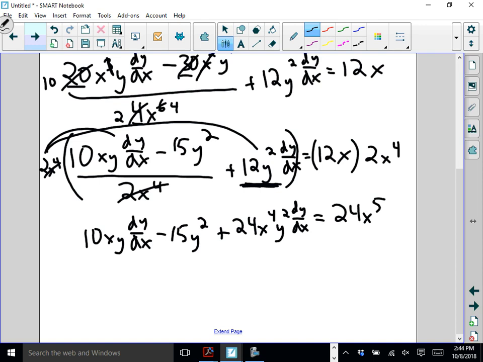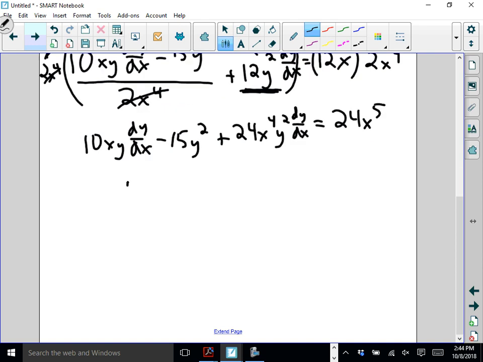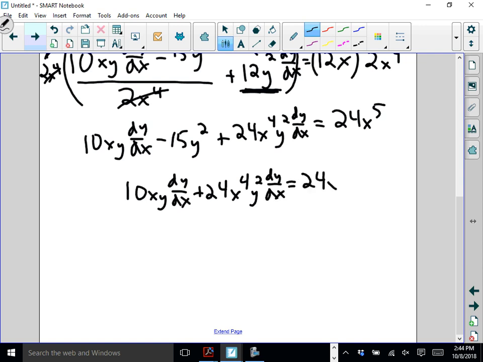Now I see I have 3 terms on the left side. 2 of them have dy dx. That minus 15y squared doesn't, so I'm going to add the 15y squared over to the right side, and I'm left with this: 10xy dy dx plus 24x to the fourth y squared dy dx equals 24x to the fifth plus 15y squared.